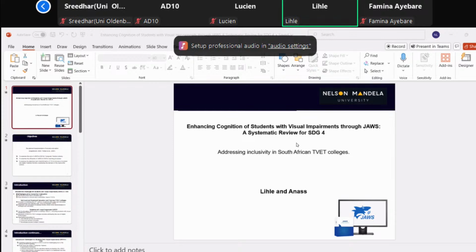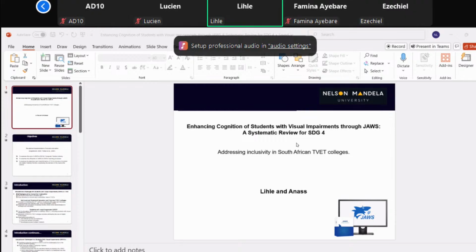Before I move further, I think it's good that I highlight the keywords here, that is students with visual impairments. Usually the term that is commonly used is students that are blind, but to be politically correct, we're using the term students with visual impairments because we recognize their impairment.